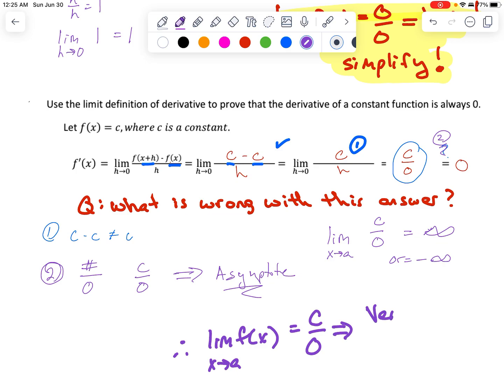That means I have a vertical asymptote at x equal a. That's where I get the equation.